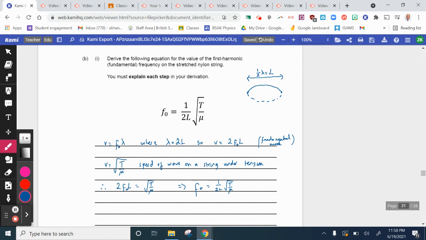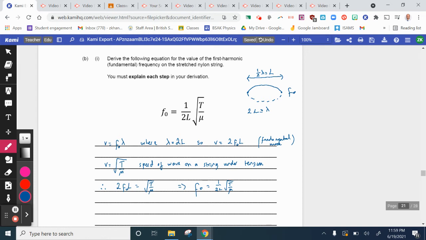So half a wavelength is equal to the length of the string for the fundamental mode of vibration, which is f0. That means 2 times the length of the string is equal to the wavelength, which is what we've written here. Okay, wavelength is 2 times the length of the string.